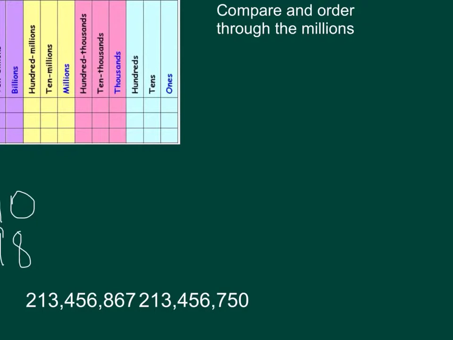Then once we get familiar with the place value, we can compare and order numbers all the way through the millions. Now to start off with, you know how to compare this. You are perfectly comfortable with knowing that 2 is less than 10. Would you rather have 2 pennies or 10 pennies?